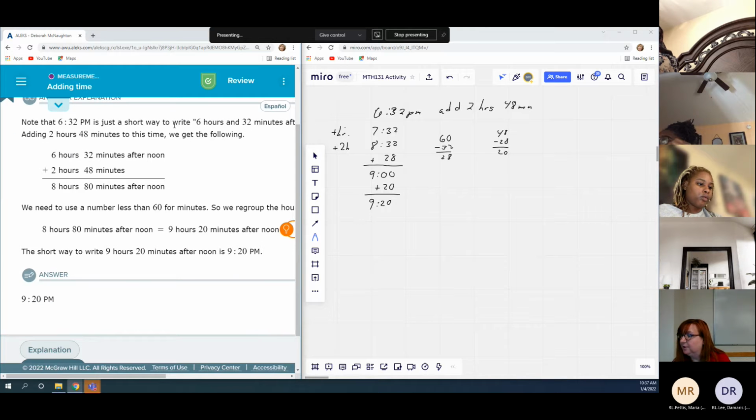The other way I've had students do it is after they add the 2 hours, they'll go ahead and add, so we had 8:32, and then they'll add the 48 minutes.